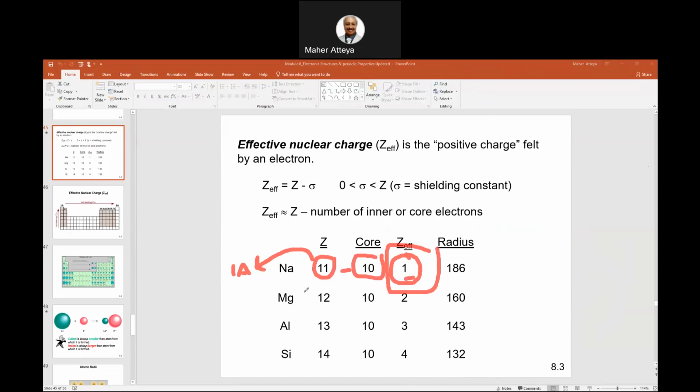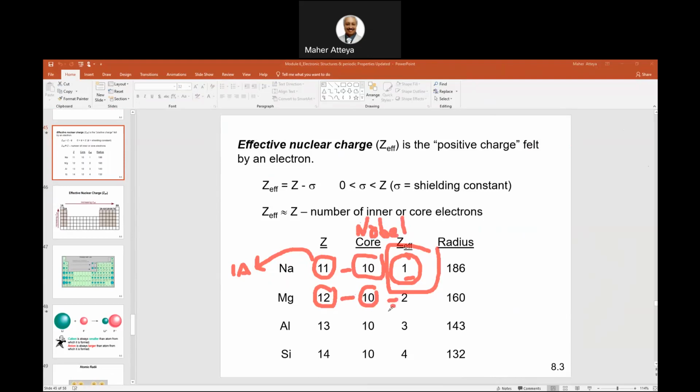Same thing with magnesium. Atomic number is 12, and the core is 10. The core is the noble gas, neon or argon or whatever. So 12 minus 10 is 2.